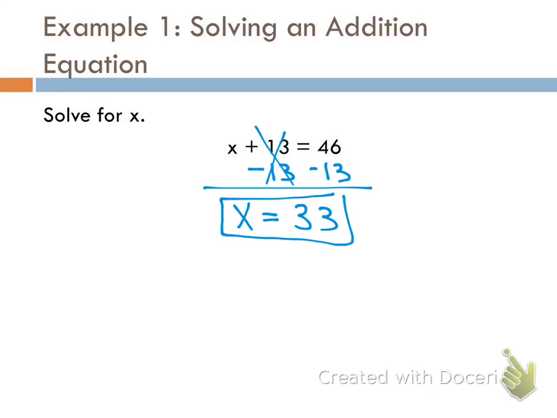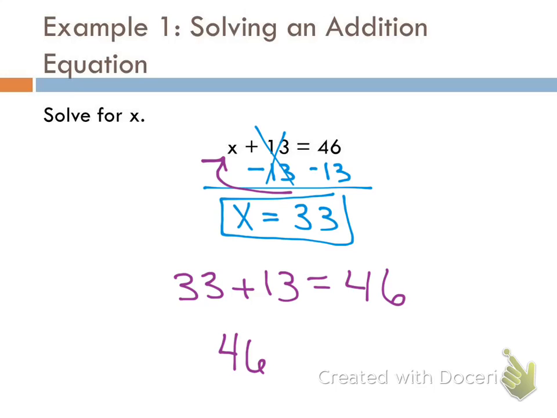That's our answer. Now we need to check it. When we check it, we plug it back in to the original, 33, where x is in the original equation. And is it true that 33 plus 13 is 46? Yes. So I would say 46 equals 46, and it checks out.